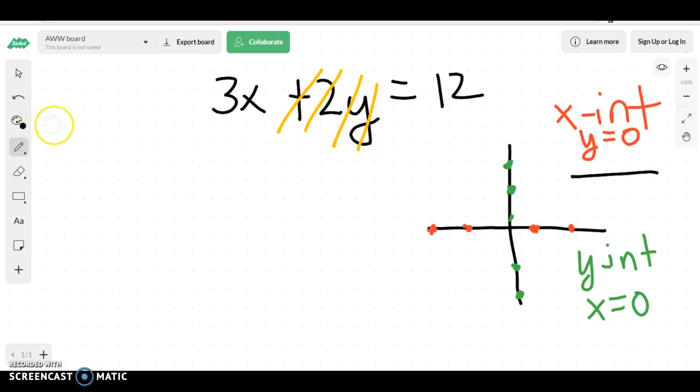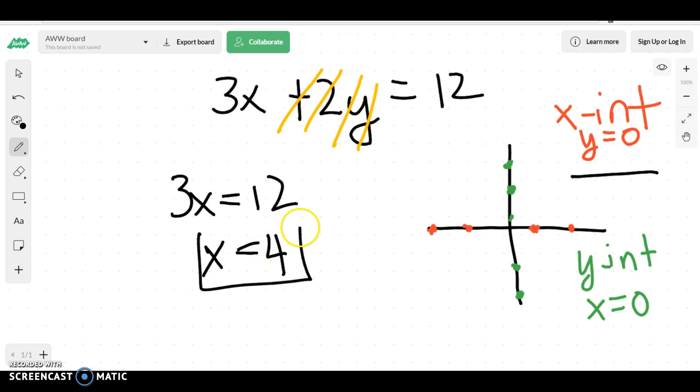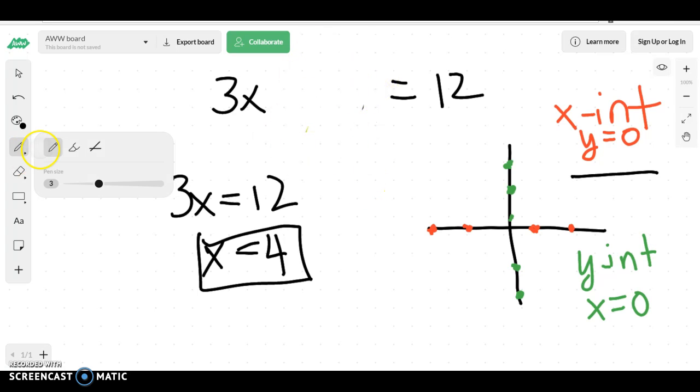If I cancel out my Y value, I can see that 3x is equal to 12, or x would be 4. So that would be my X-intercept. We could play the same game with the Y value.